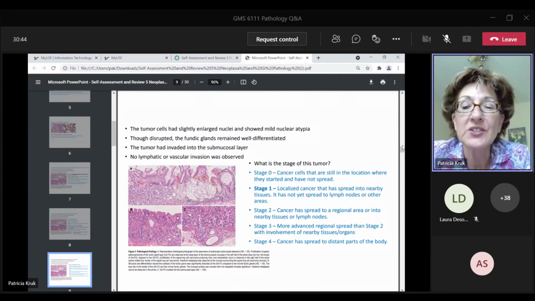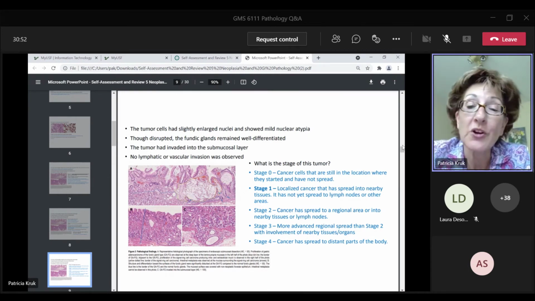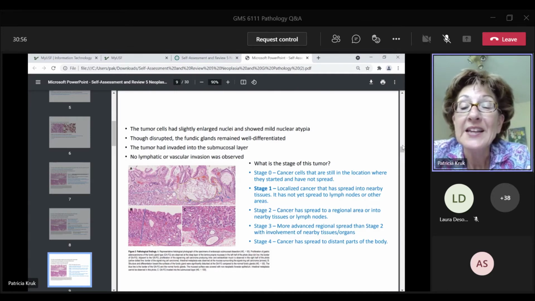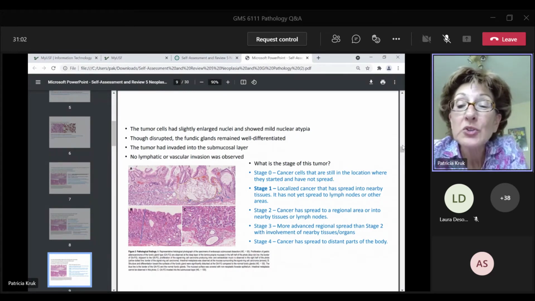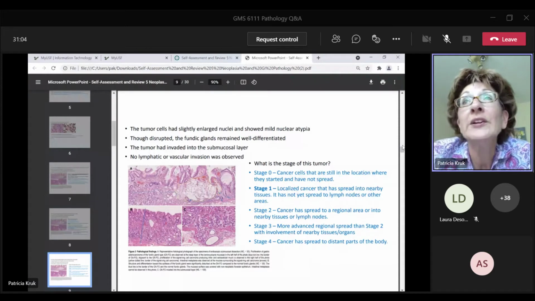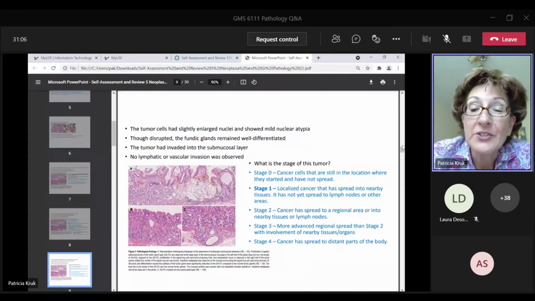So we have stages 0 through 4. And stage 0 again refers to cancers that are basically in situ. So a carcinoma in situ or an intraepithelial neoplasm. Stage 1 now means the cancer cells have in fact disrupted and invaded the basement membrane, but they're usually localized to that organ of the primary cancer.